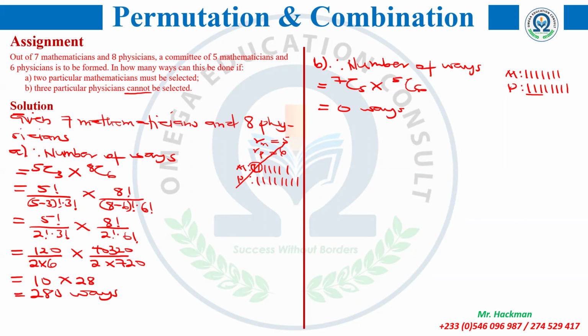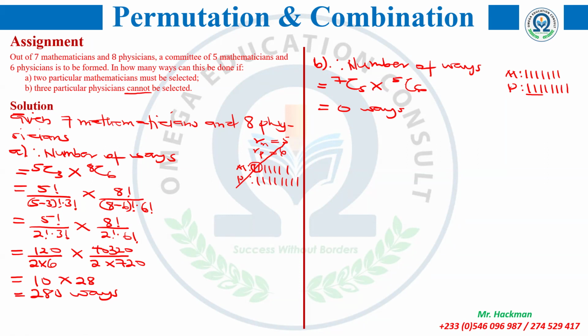In this case, it means you cannot get such a selection, such a combination, so it will be 0. In actual fact, the whole of this is undefined, but undefined here will mean 0 ways. It's not possible to find any number of ways, not even 1.